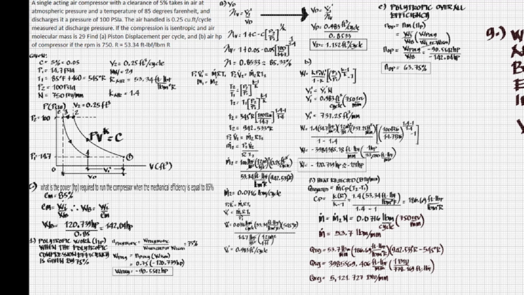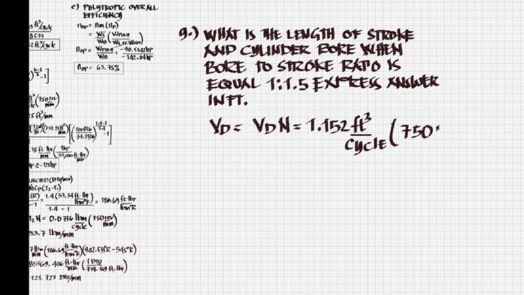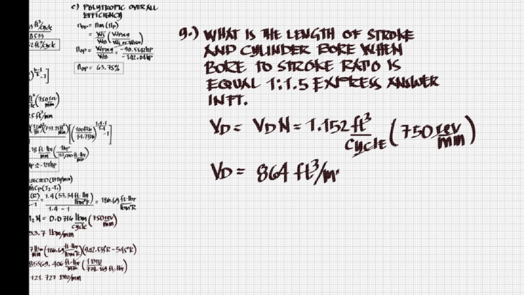Let's go back, what is the RPM? That is 750 rev per minute. Okay, so this cancels. Now we have the value of your volume displaced, which is equal to 864 cubic foot per minute.